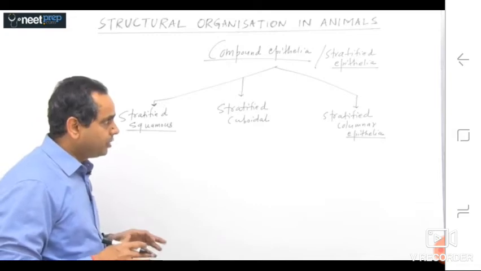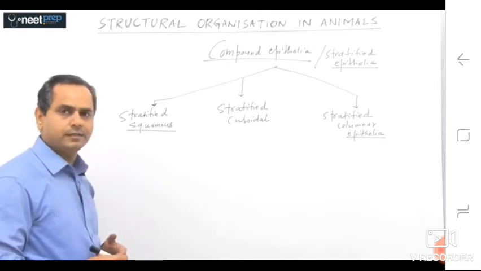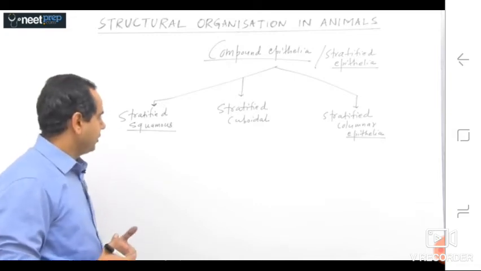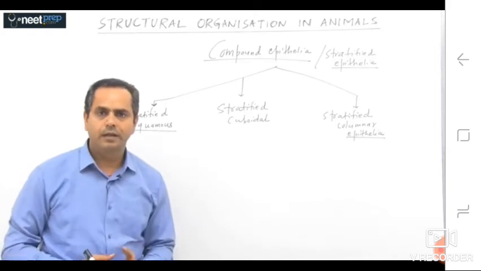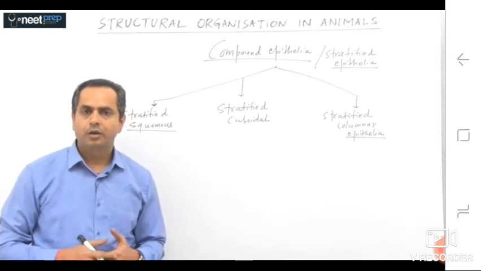So compound epithelia can also be classified as stratified squamous, stratified cuboidal, and stratified columnar.